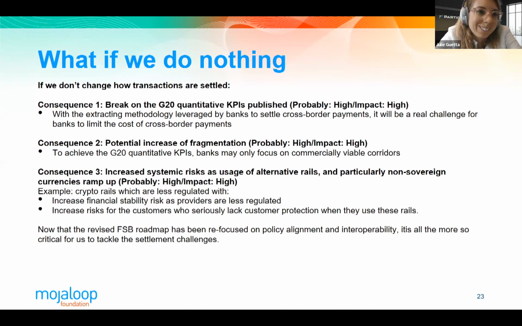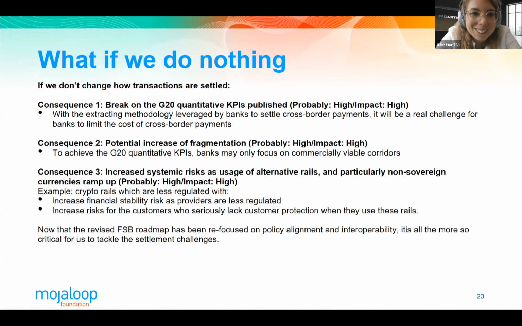I think we've seen it all in the news recently. So that's issue number one. And issue number two is that using this type of rail may increase their weight and their impact on the overall financial stability of the financial system. So we need to be careful about this.